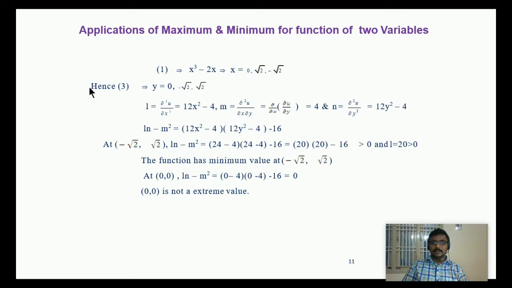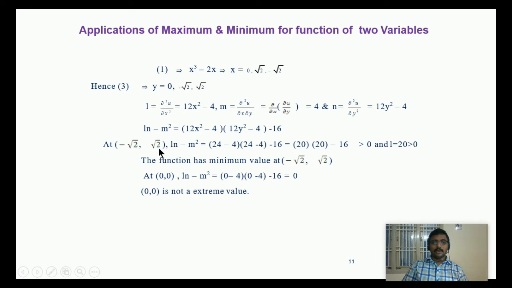L is the dou square u by dou x square, M is the dou square u by dou x dou y, and N is the dou square u by dou y square. These are the second order partial derivatives, which are obtained by again differentiating the first order partial derivatives partially with respect to x or y, and then computing these values at the stationary points.